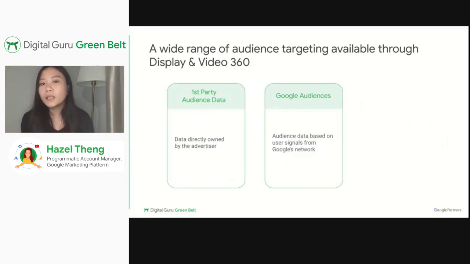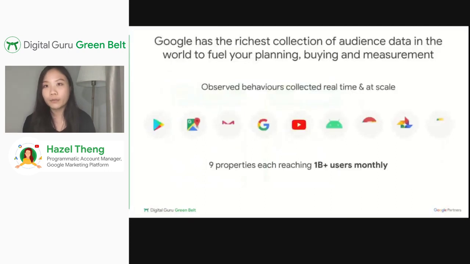So beyond the ability to leverage advertisers' first-party data, advertisers also have exclusive access to Google Audiences on DV360. I know some of you are very familiar with Google Audiences, especially if you use Google Ads. But I just want to focus for a second on what makes Google Audiences so special. And that really is our Google data segments being powered by our Google properties.